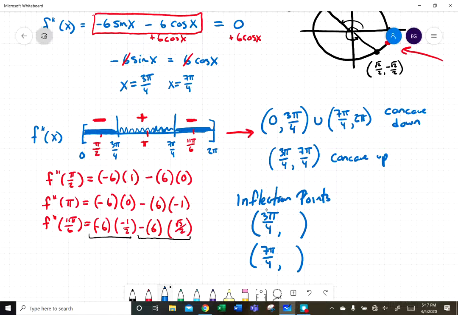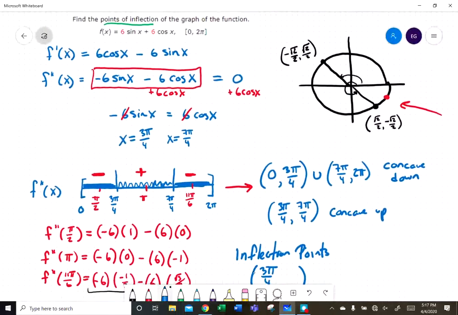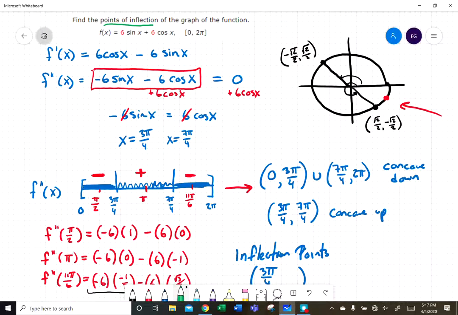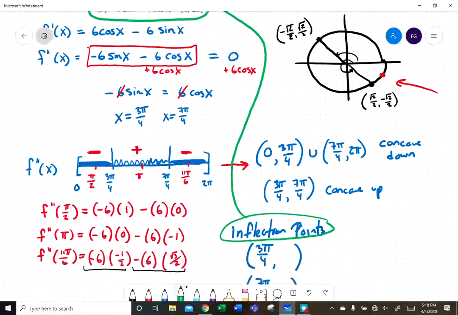And so remember, anytime you're looking at a specific point on the graph, if you're plugging in an x value to obtain the corresponding y value of the point, you always plug back into the original function. So if we want our inflection points, we plug those x values back in here to the original function, 6 sine of x plus 6 cosine of x.